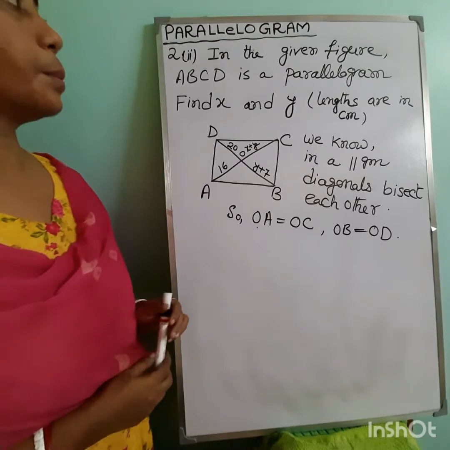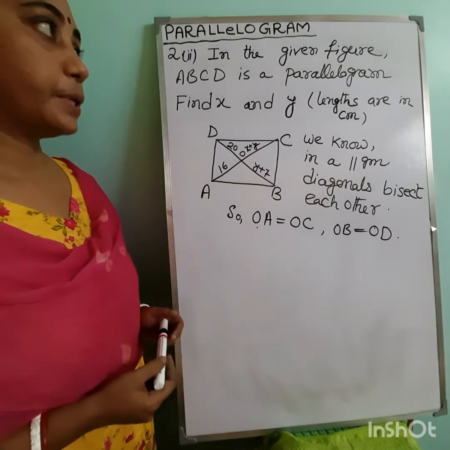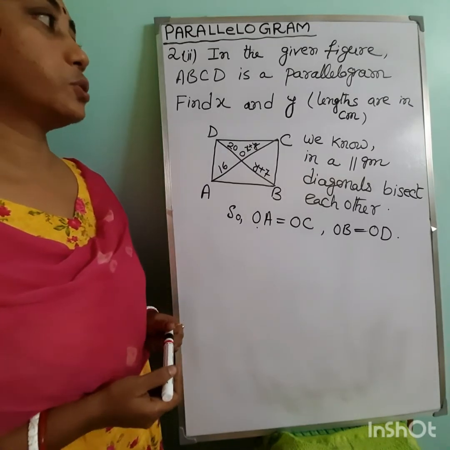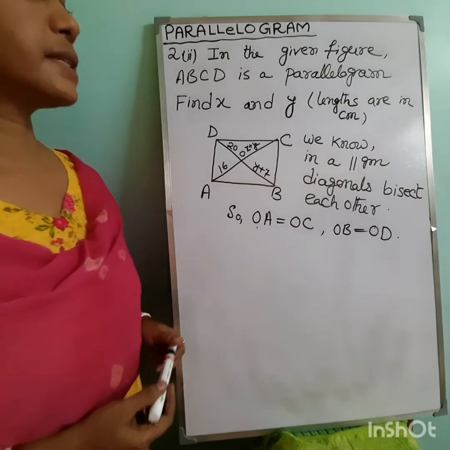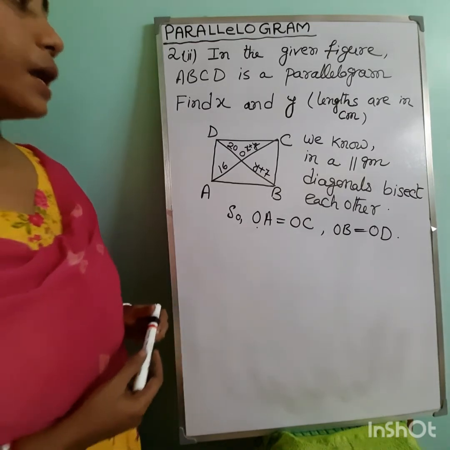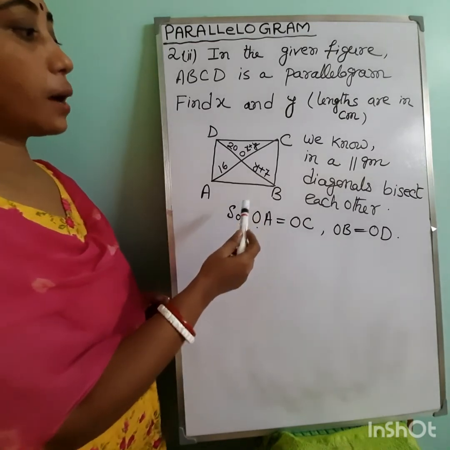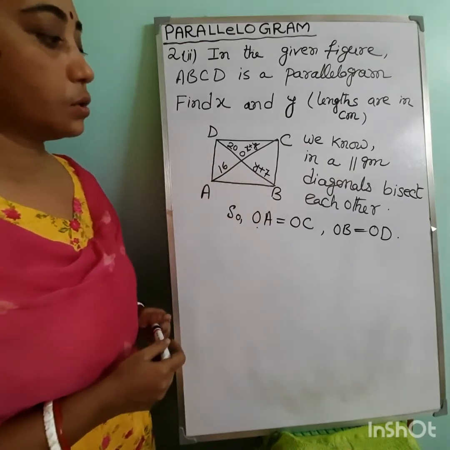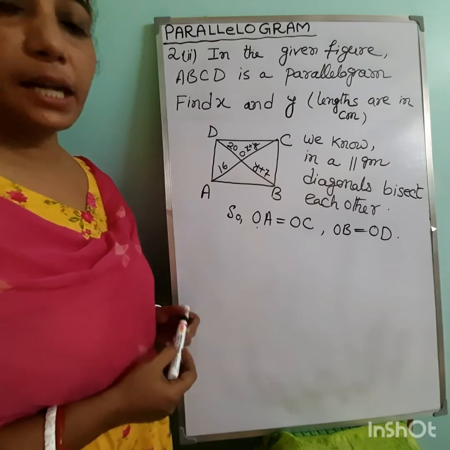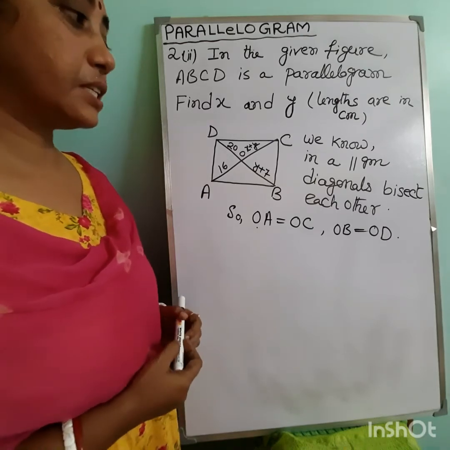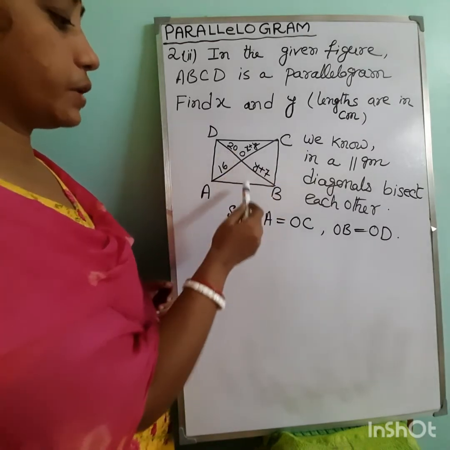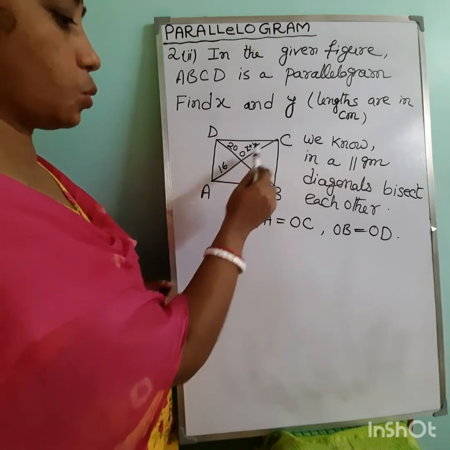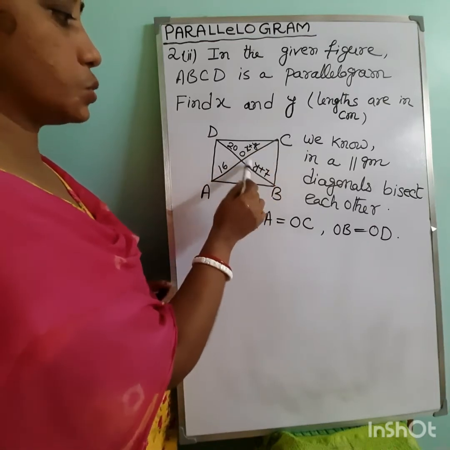Let's see another example. In the given figure ABCD is a parallelogram. We have to find the values of x and y where lengths are in centimeters. Now we know that in a parallelogram we have to find the unknown variables which are given in the diagonals. So here we know that in a parallelogram diagonals bisect each other. That means from this figure we can write OA is equal to OC and OB is equal to OD.